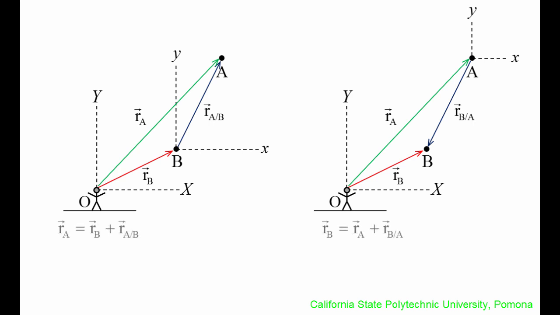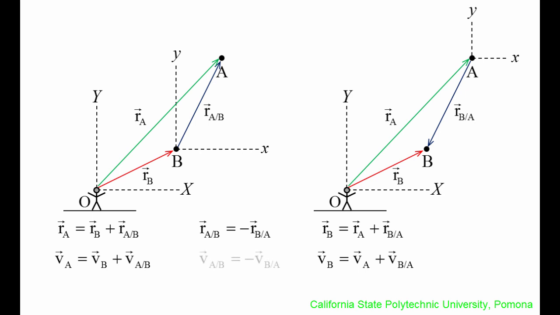We can eliminate RA minus RB between the two position equations, and we obtain RAB equals negative RBA. Similarly, we can eliminate VA minus VB between the two velocity equations, and obtain VAB equals negative VBA.